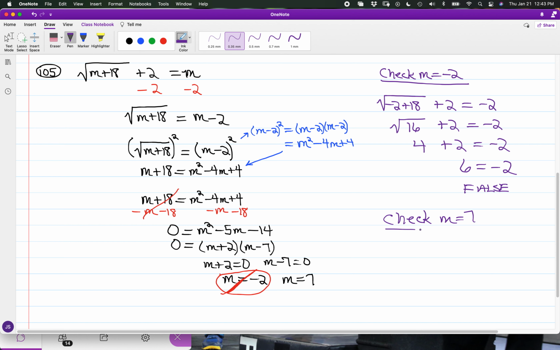Now for m is equal to 7, you have the square root of 7 plus 18, plus 2 is equal to m, which you have at 7. 7 plus 18 is 25.